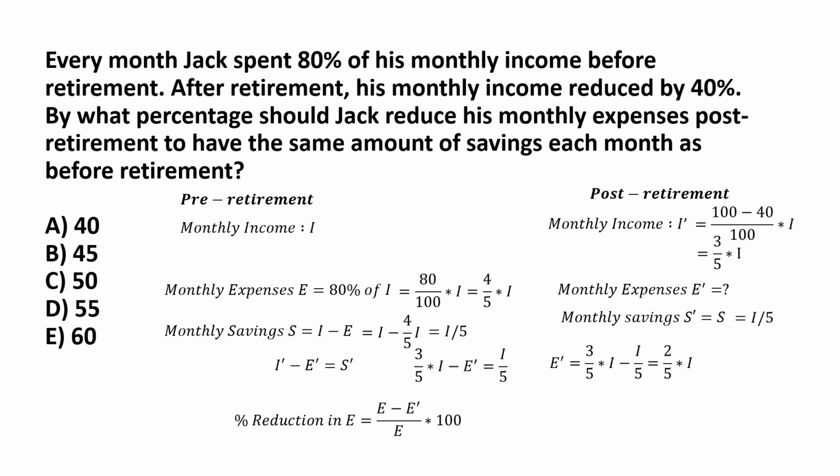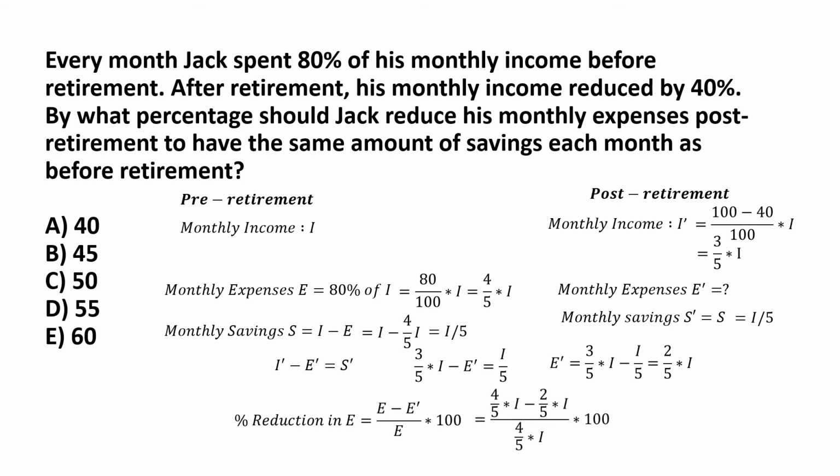That's the percentage reduction you're calculating. And then you multiply it by 100. So the change is the numerator. Then whatever it is relative to, that's in the denominator. In this case, it's the pre-retirement expenses, right? And then you multiply it by 100. So it's E minus E dash divided by E multiplied by 100.